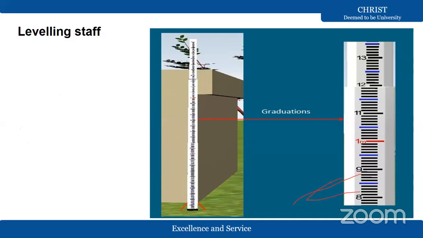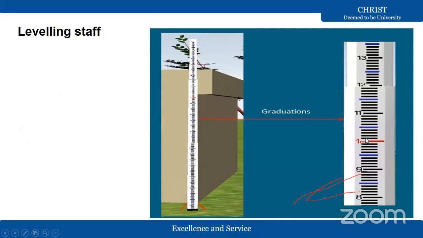And the leveling staff. Leveling staff means you have graduated lines here. So here you have 1 meter, then 110 centimeters, 1.1 meters, 1.2 meters, like this. Each division is 10 centimeters. This is 1.1, and 1 meter means 100 centimeters. This is 110 centimeters.